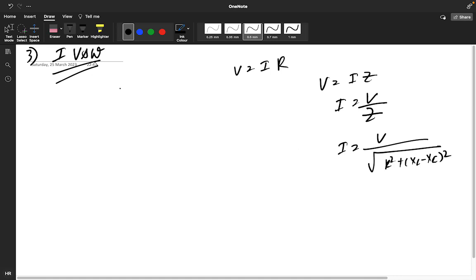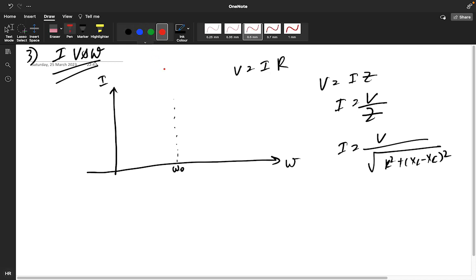So if I want to make the graph, this is my omega and this is my omega naught, and this is my I function. So at what value will I get the maximum value? When your XL minus XC value is 0. And this is possible at the omega naught frequency only.